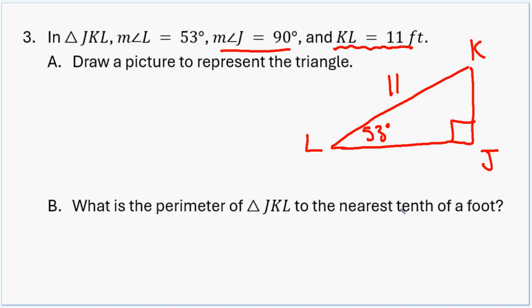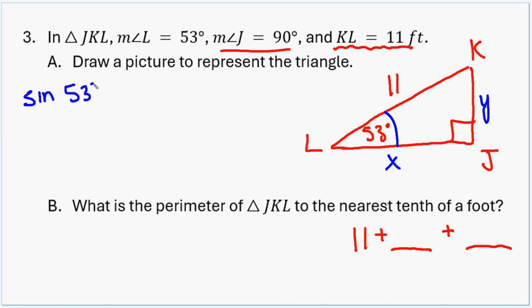Part B, what is the perimeter to the nearest tenth of a foot? Well, the perimeter is all three sides added together. So our perimeter is going to be 11 plus this leg plus the other leg. I'm going to call this x and this y just for convenience. If I'm at angle 53 and I want the opposite side y over the hypotenuse, that's going to be sine.